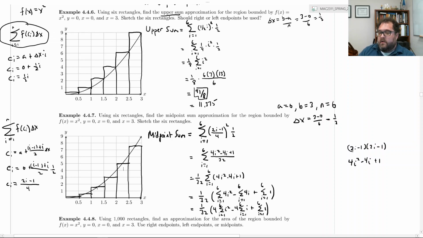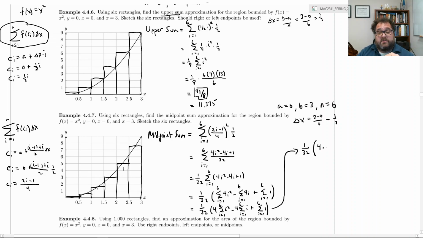Okay? And now we can use our identities, the identities that are known that we've been using for several exercises now. I have a 1 over 32 out front. So 1 over 32, open some parentheses. I have 4 times, okay, what's the sum of the i squareds?